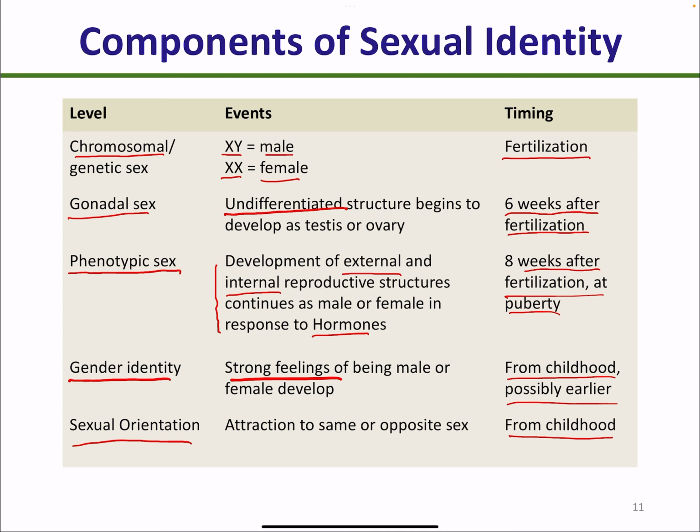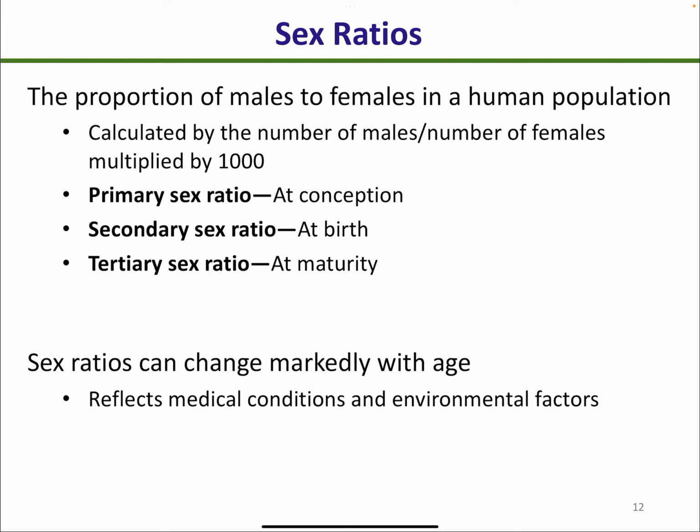All right. The sex ratio in a population, we are going to notice that there is a proportion of male to female in the human population. And that proportion of male to female in a human population is determined as follows.